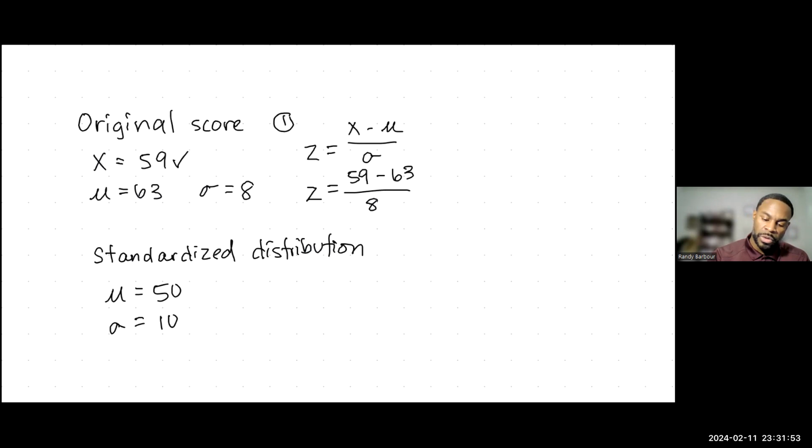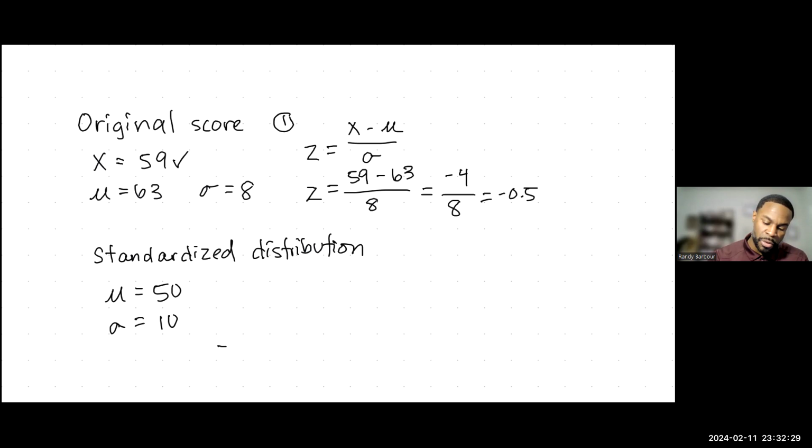This is negative 4 over 8, which is negative 1/2, or negative 0.5. Given that information, now I can make some moves. I know the z-score for my original score is negative 0.5.